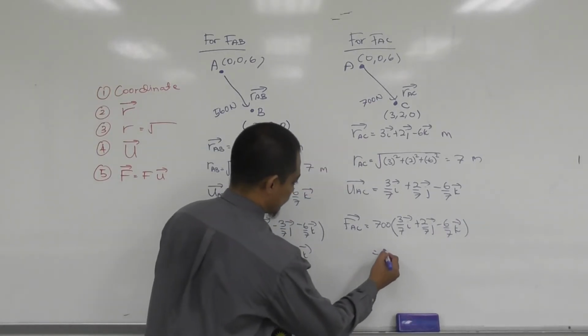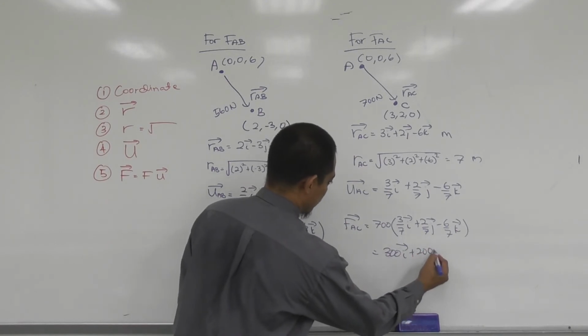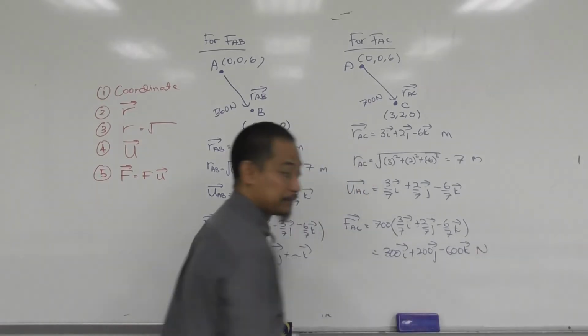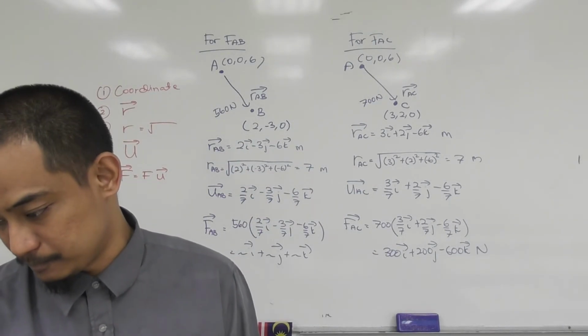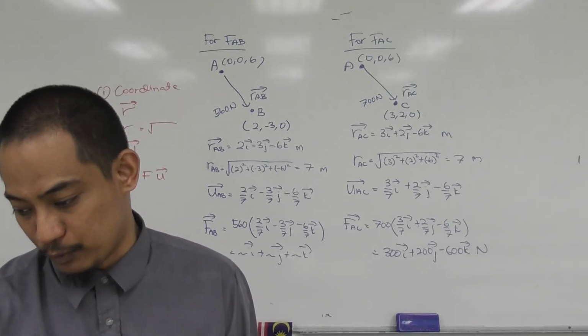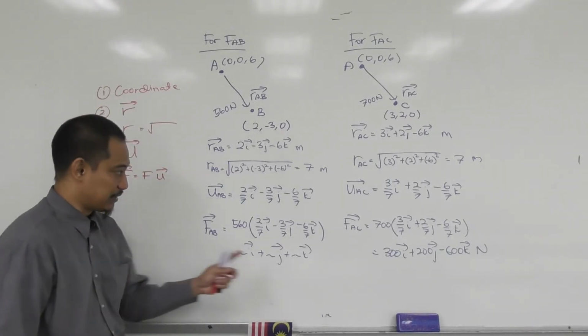So basically we get 300i plus 200j minus 600k Newton. So you have obtained both force vectors, FAB and FAC.